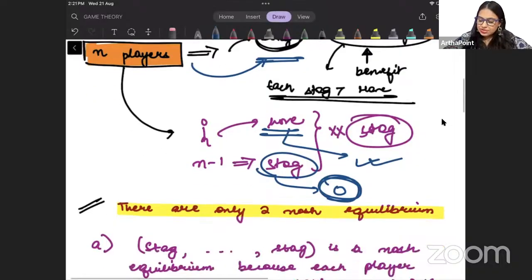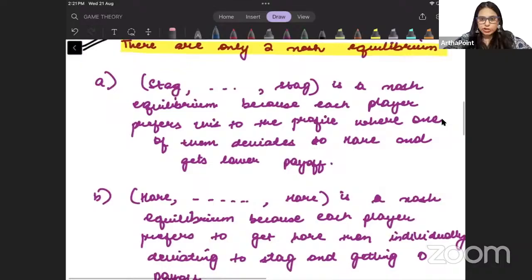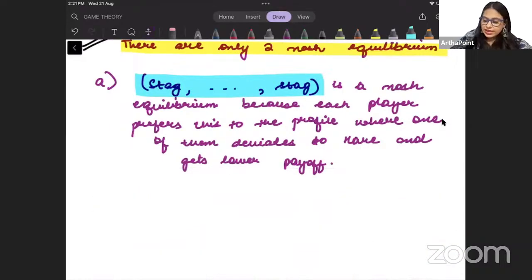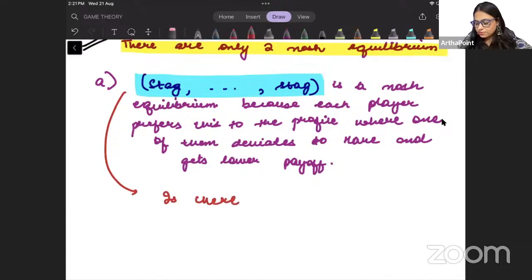My claim is that there are exactly two Nash equilibria. The first Nash equilibrium is where everyone is looking for a stag. So when everyone is looking for a stag, is there any incentive to deviate?